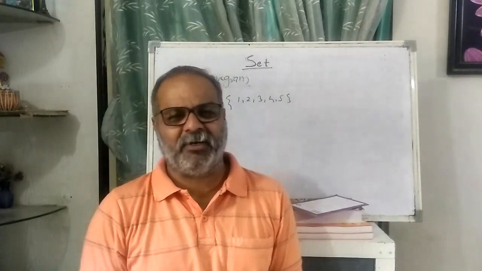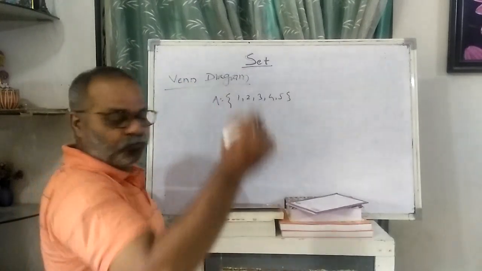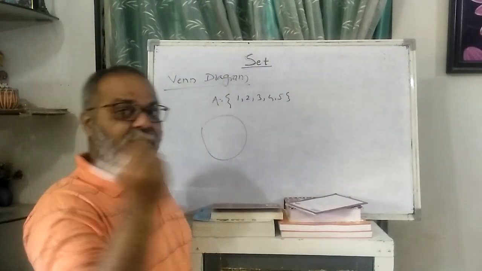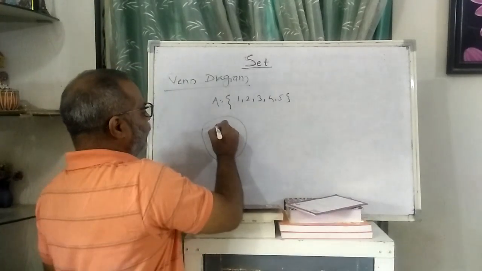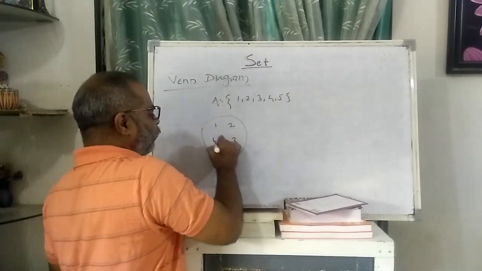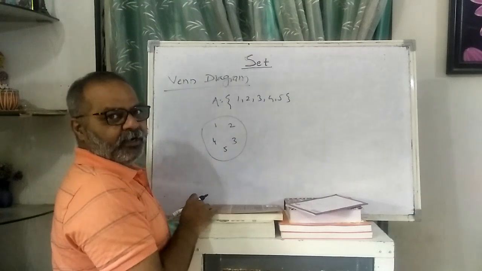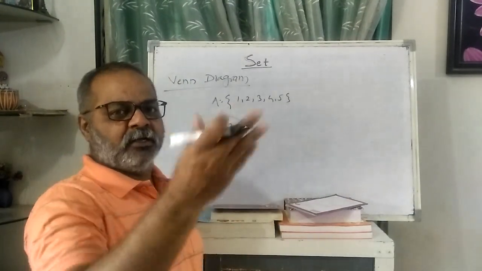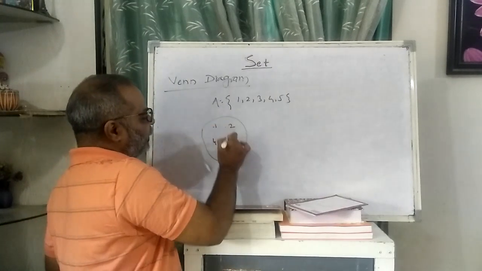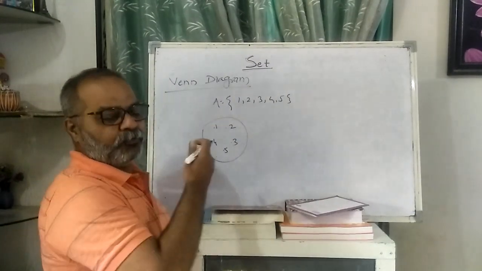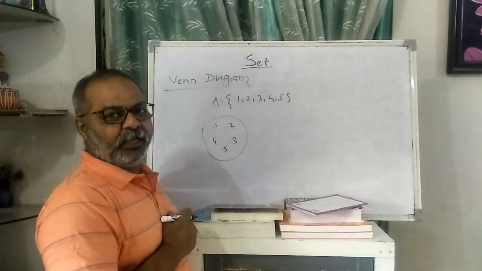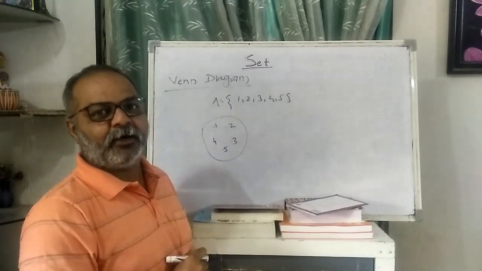It is a closed geometry. Okay. So any closed figure, I just draw this one and the elements are written inside that figure. So here is 1, 2, 3, 4, 5. The elements are separated by commas, or in some books they are also separated by dots. It is optional. We may write it or we may not. But in some books the elements are separated by dots.